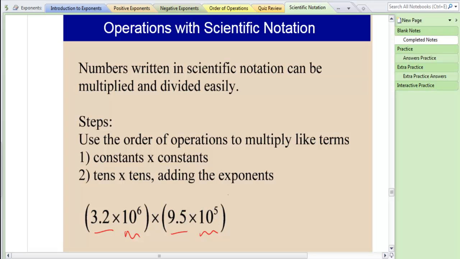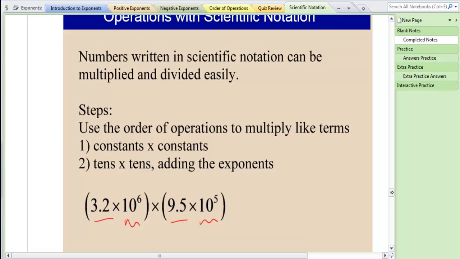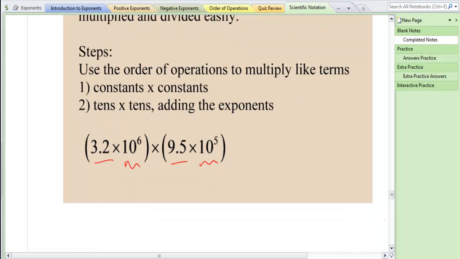In other words, you're going to use the commutative property of multiplication and the associative property of multiplication, which both tell you it does not matter what order you multiply things in as long as you have all multiplication. So here I'm going to rewrite this as 3.2 times 9.5, and I'm going to work with those constants times 10 to the 6th times 10 to the 5th.